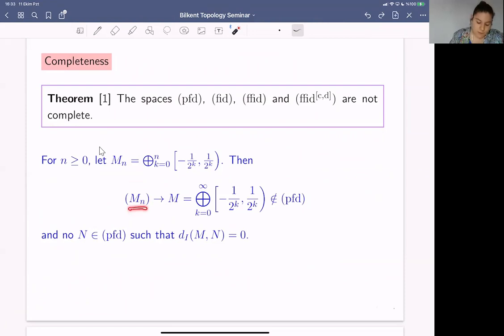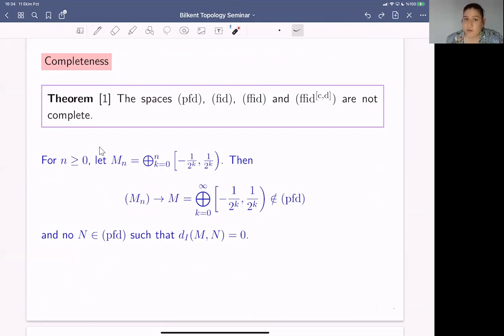So this one converges to this guy, and this is not an element in PFD. But we know that in a metric space, the limit is unique, right? So when M_n converges to a point, that point should be unique. But in a pseudometric space, if this sequence converges to a point, it shouldn't be unique. It's possible that M is not unique.